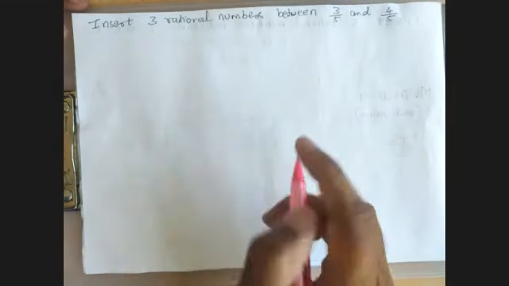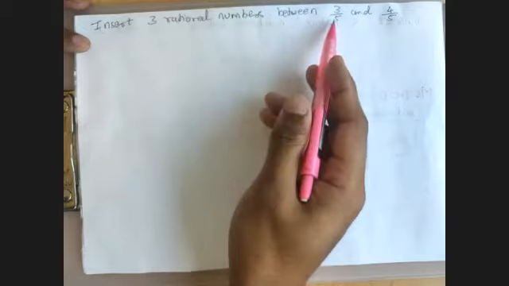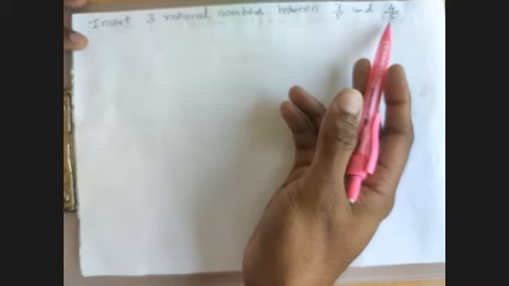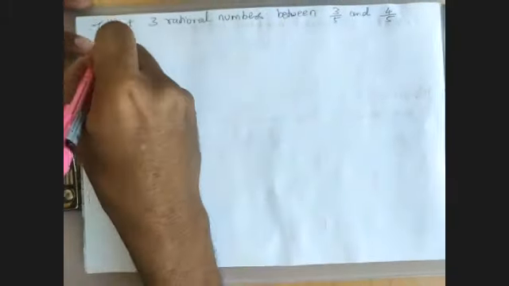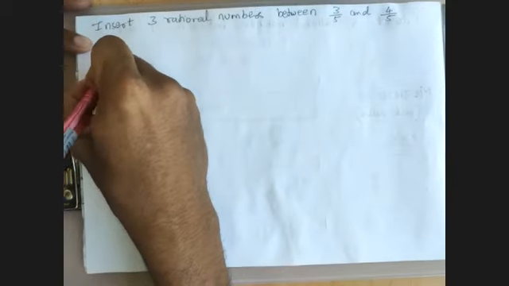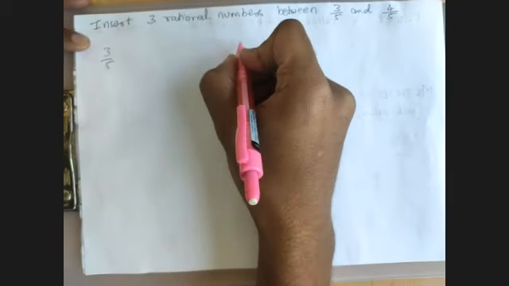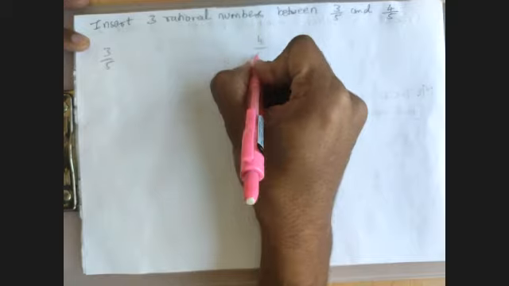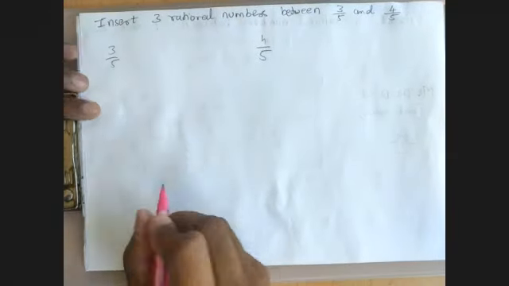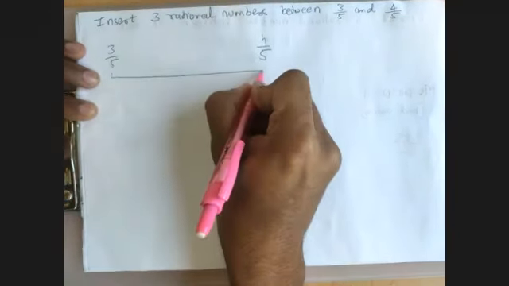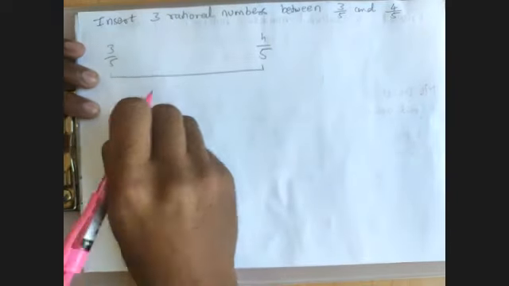So we will continue with another example. We need to insert 3 rational numbers between 3 by 5 and 4 by 5. So I write 3 by 5 and 4 by 5. So I have to take a mid value between 3 by 5 and 4 by 5.